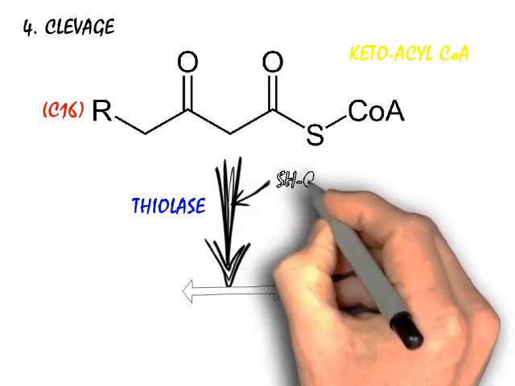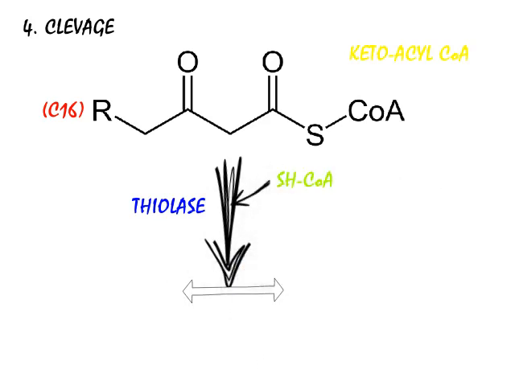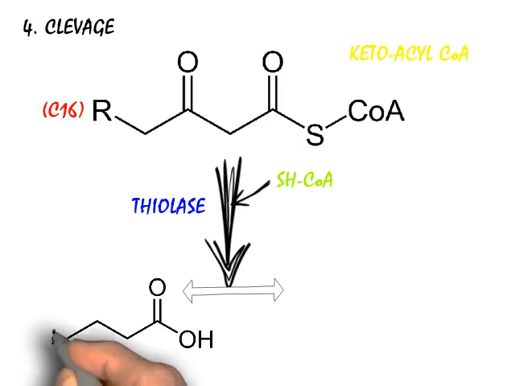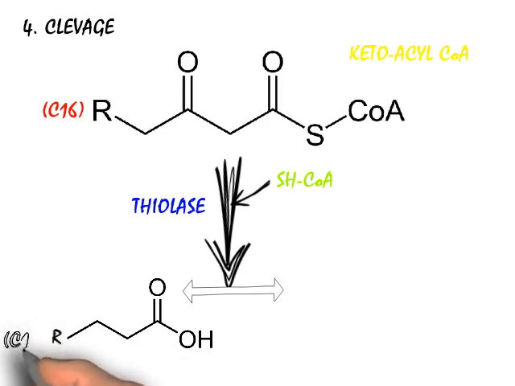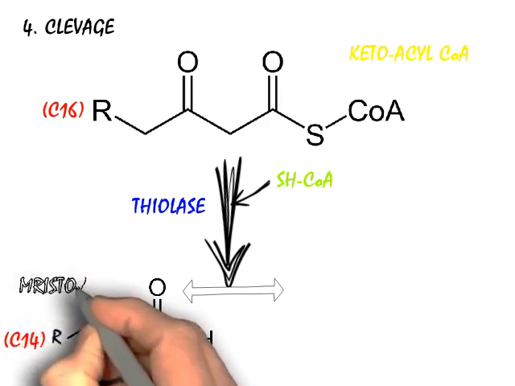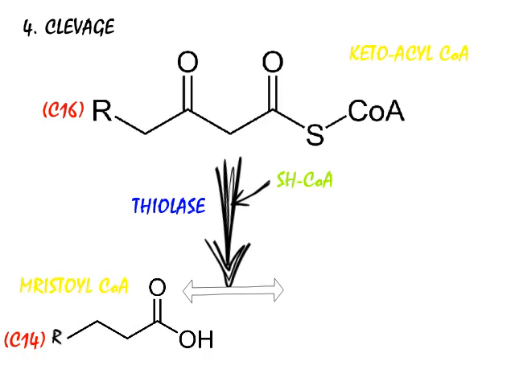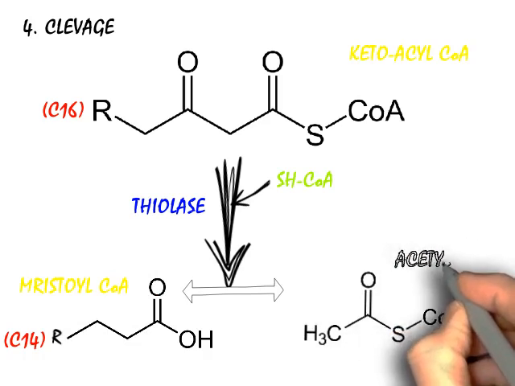That is, in case of the palmitoyl-CoA, it will be myristoyl-CoA, and the myristoyl-CoA will be reutilized in this reaction until and unless it is completely oxidized or utilized. And in this reaction, it will be utilized until and unless 8 molecules of acetyl-CoA are generated.